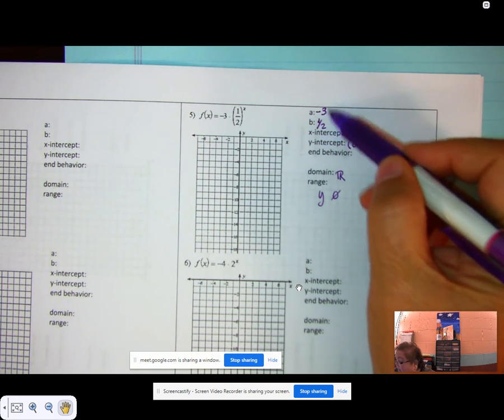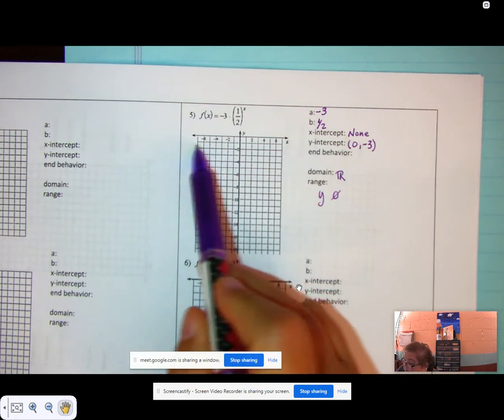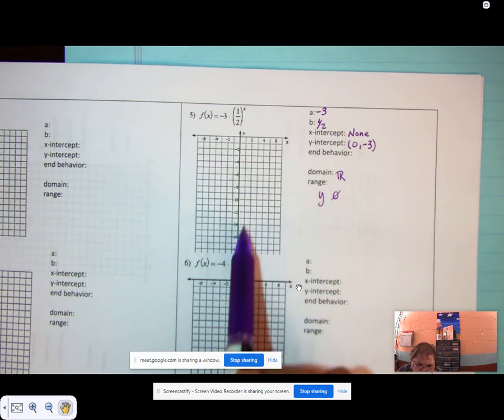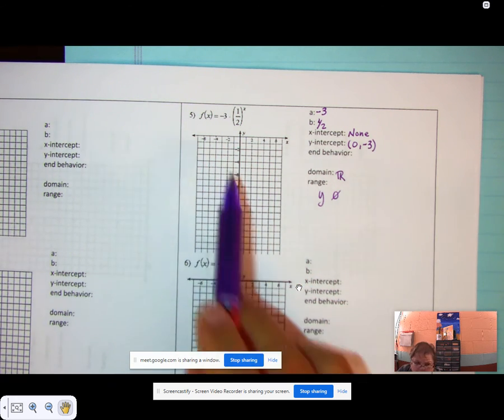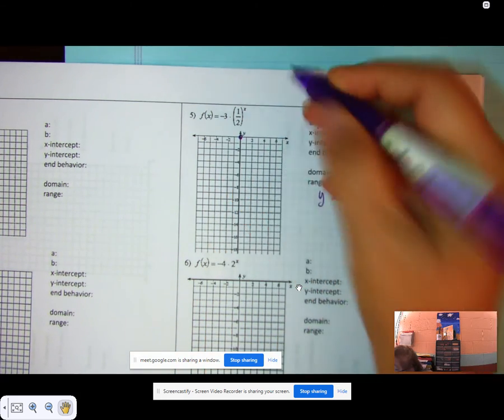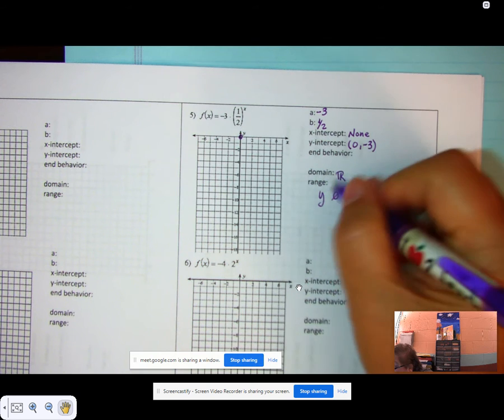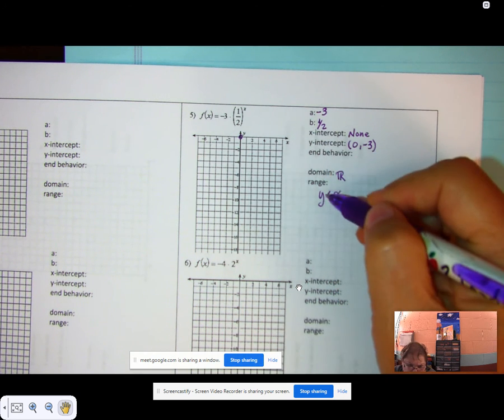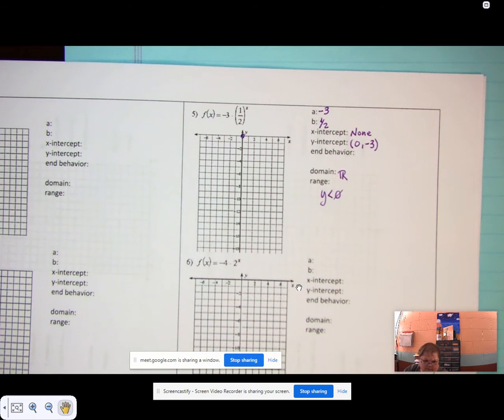Because my a is negative, that means I'm going to be coming up against this x-axis, but whichever way it comes, it's coming down. So 0 right here, there's my 0. All of my y values are going to be less than that. Negative, less than 0. So that goes hand in hand. Okay? Questions? Are we good?